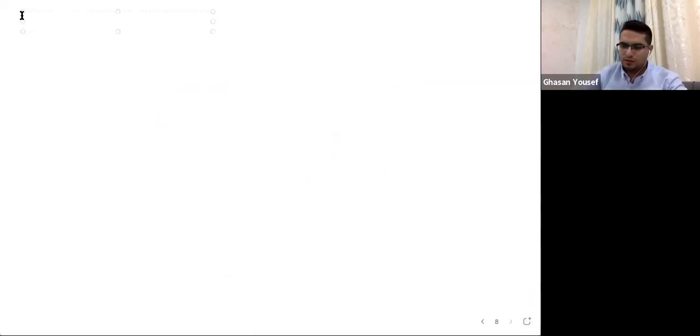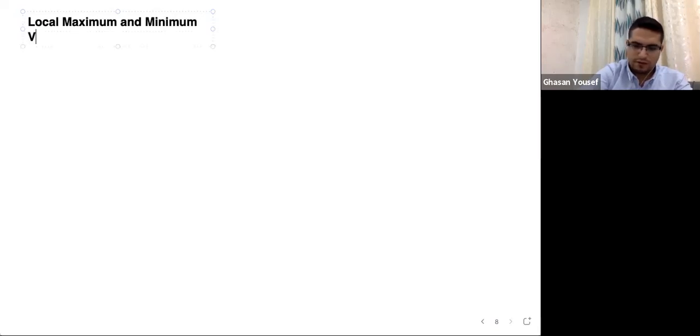Local maximum and minimum values of a function. The local maximum and local minimum values.